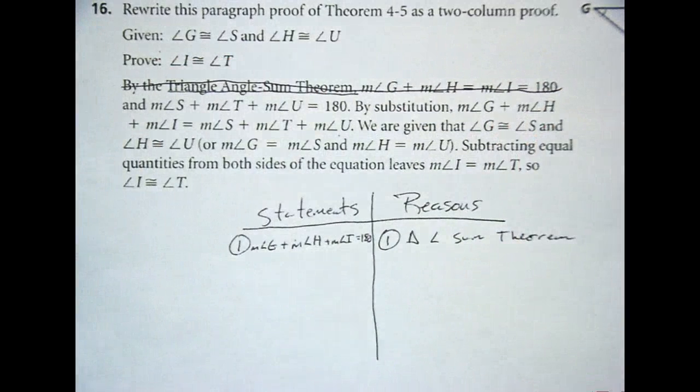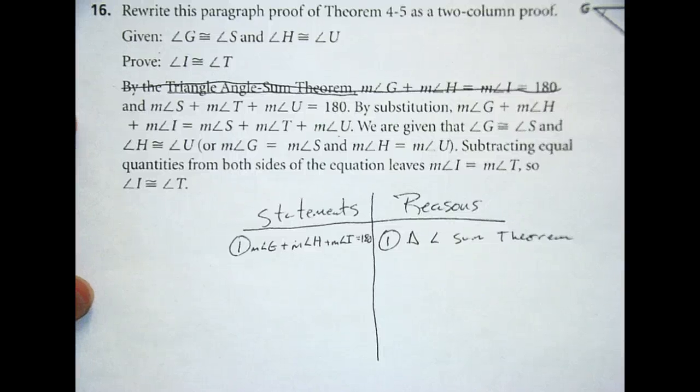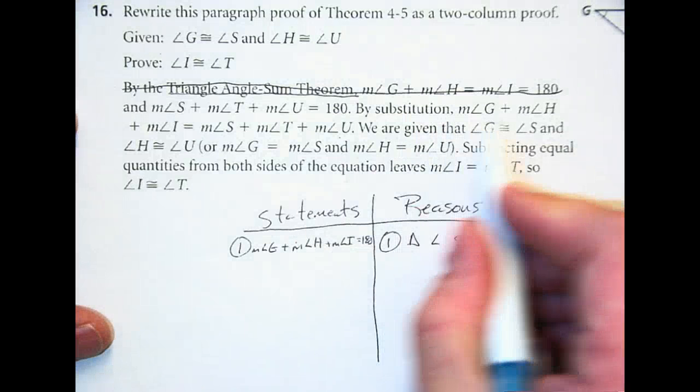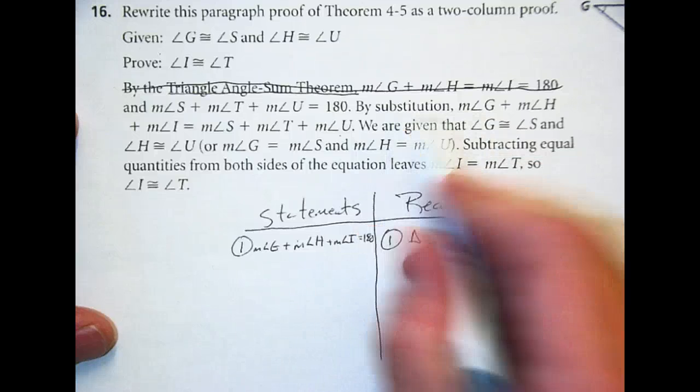We're done with that statement. Statement and reason. All right. Tell your neighbor the second statement and reason. You get 30 seconds. Chase, what do you think? Is it measurement of angle G plus measurement of angle H plus measurement of angle I equals measurement of angle S plus measurement of angle T plus measurement of angle U?